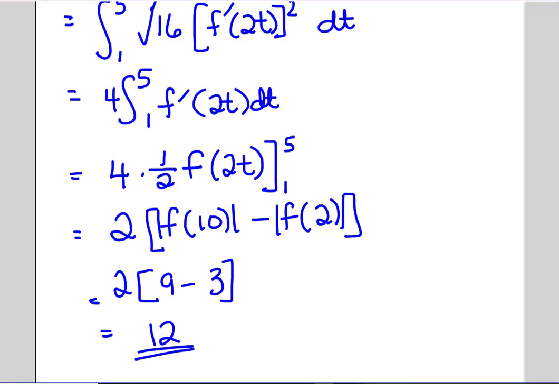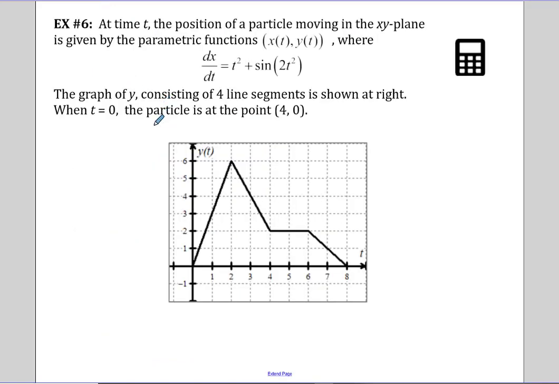And then one last example. At time t, the position of a particle moving in the xy plane is given by the parametric functions x of t, y of t, where the derivative of x is here, and the graph of y consists of 4 line segments shown below, and when t is 0, the particle is at the point (4, 0).